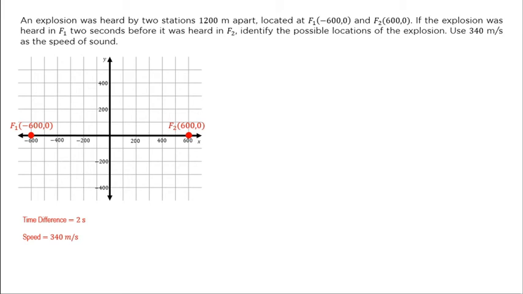Now, from our previous knowledge in physics, let's denote the speed as v. The speed is just equal to the change in distance, or the difference in the distances, which we denote as delta d, over the change in time, which we denote as delta t, or the time difference. From that, the change in distance, delta d, is equal to the speed times the time difference.